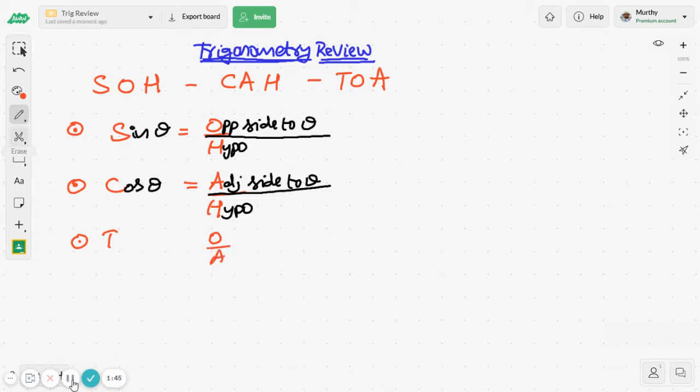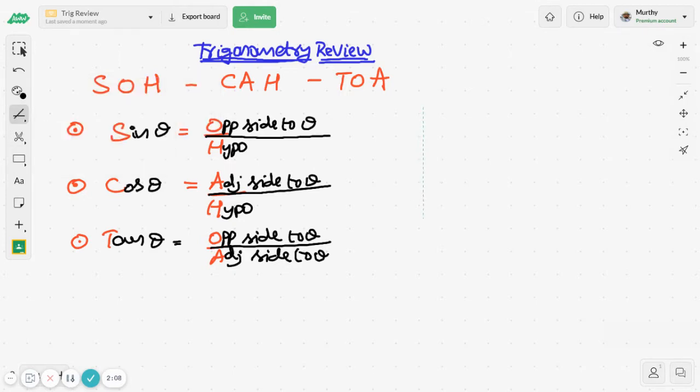T stands for tangent, or in short, tan theta equals the opposite side to theta over the adjacent side to theta.